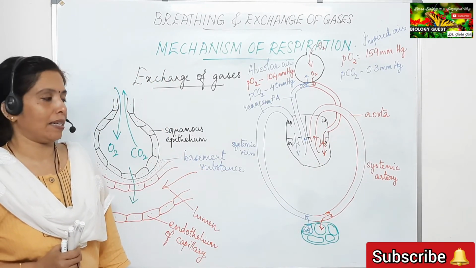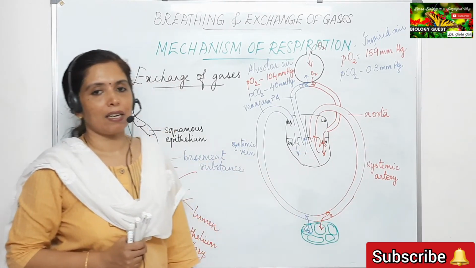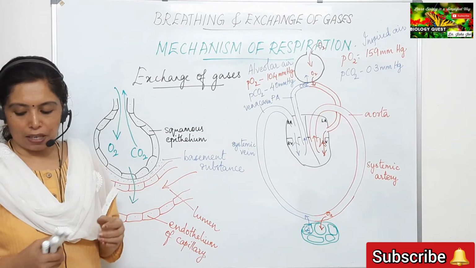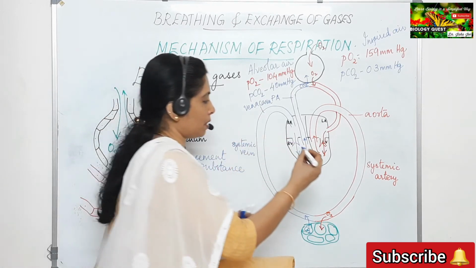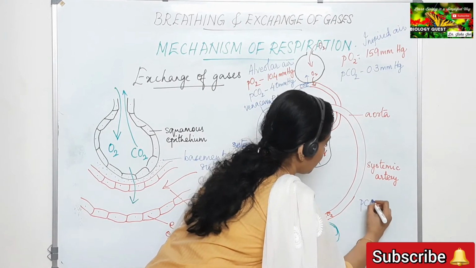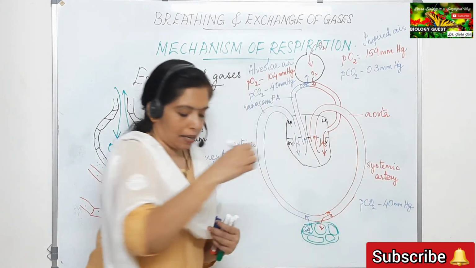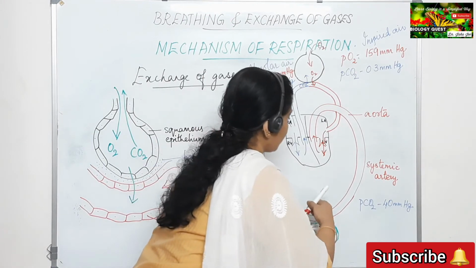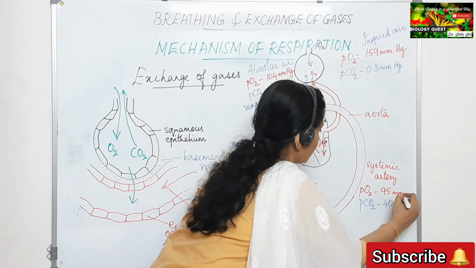Okay, now if you look at the partial pressure of oxygen in the systemic artery, we can see that the partial pressure of carbon dioxide is 40 millimeters mercury, and the partial pressure of oxygen is 95 millimeters mercury.